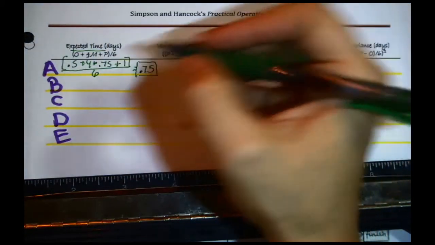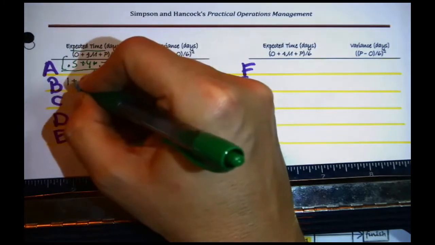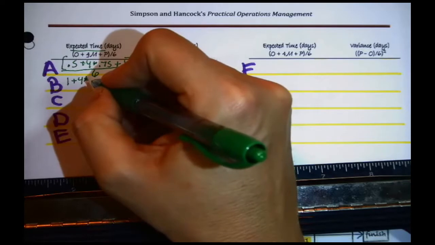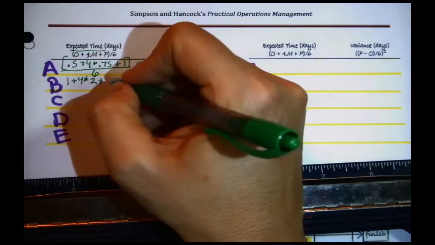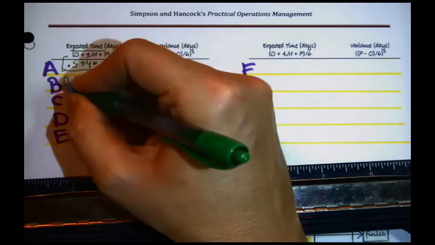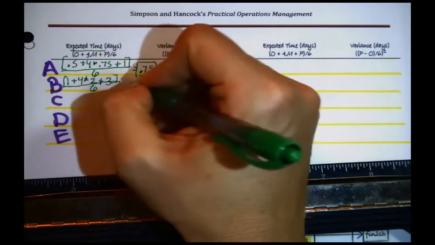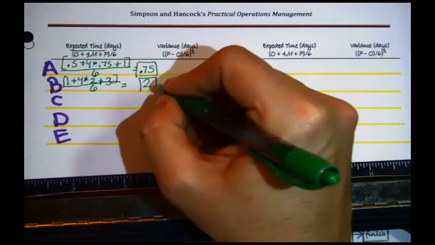For B, same formula. Just say 1 plus 4 times, for B, the most likely time was 2 days, plus the pessimistic time is 3 days. That's all the numerator. Divide by 6. I get 2 days.